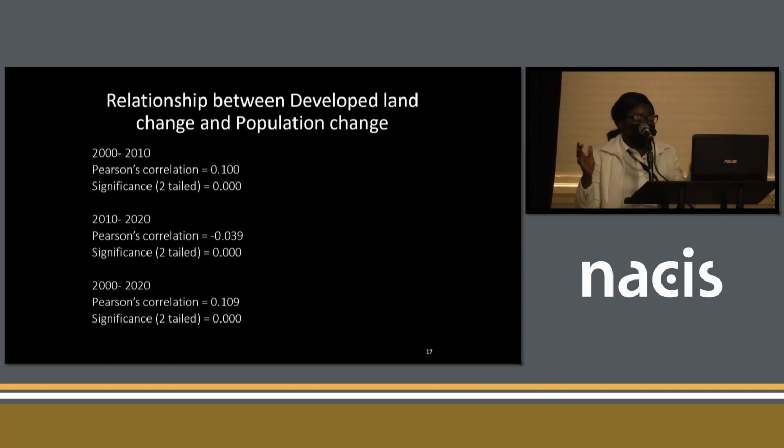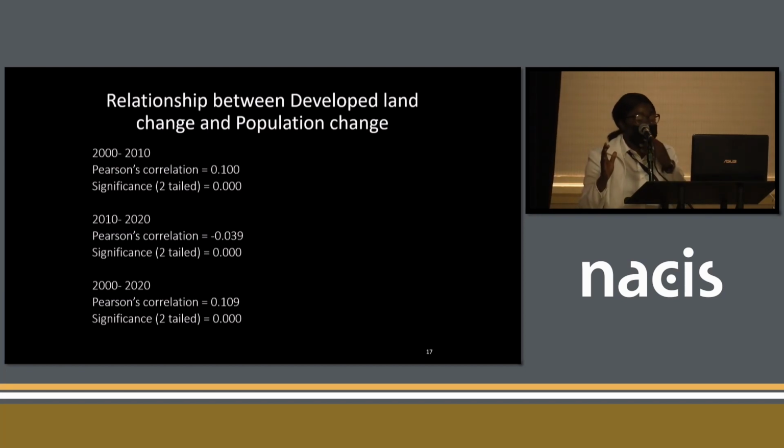For 2000 to 2010, I can see a correlation of 0.100, and for 2010 to 2020, I had negative 0.0239, and of course, that's expected because we had very minimal growth in terms of urban development in Kendall County from 2010 to 2020.